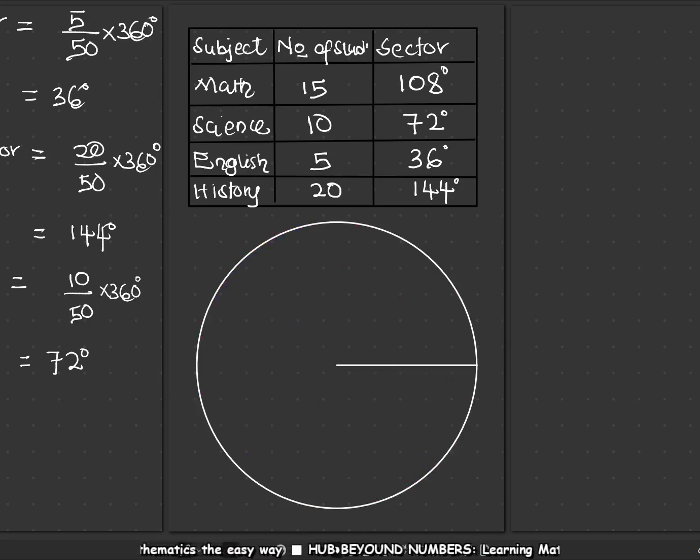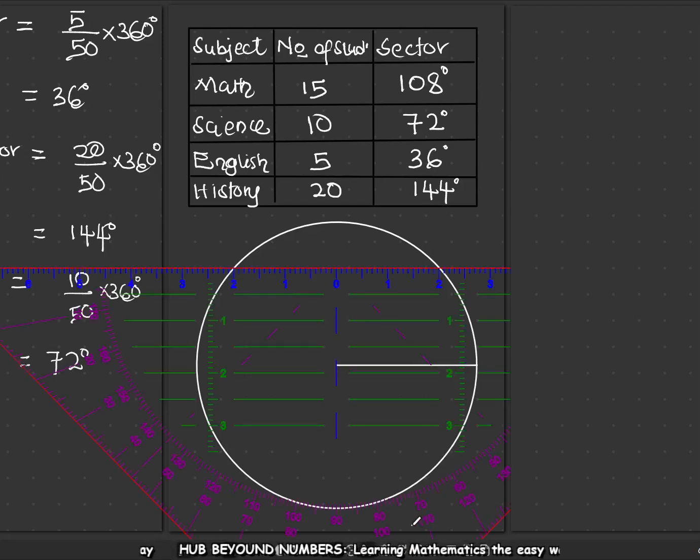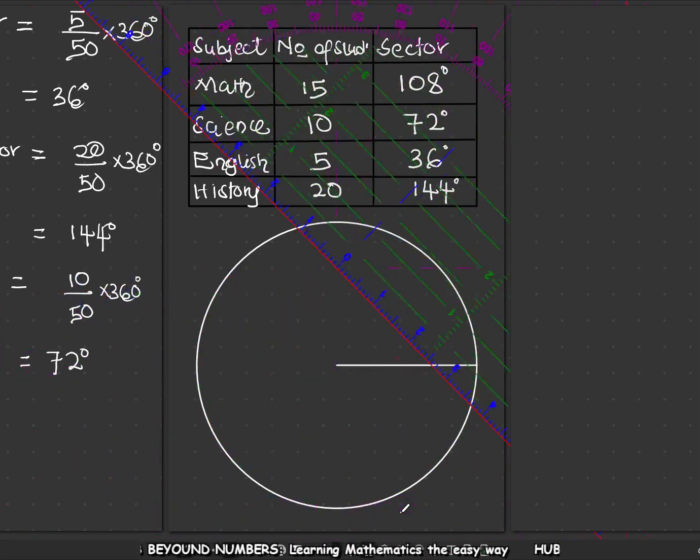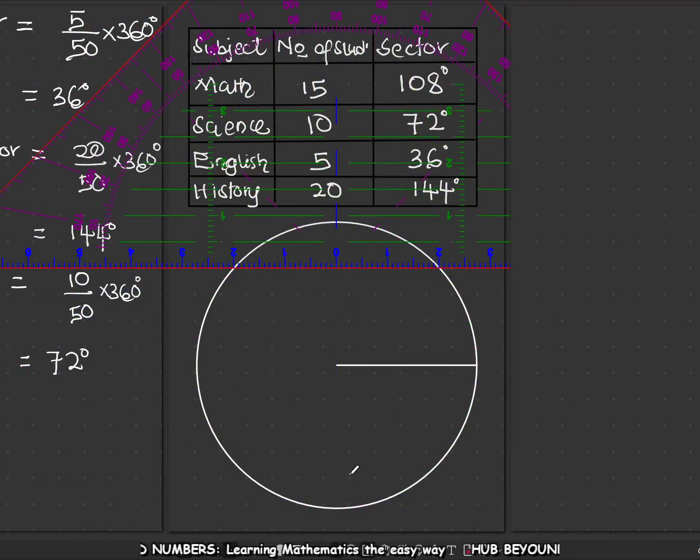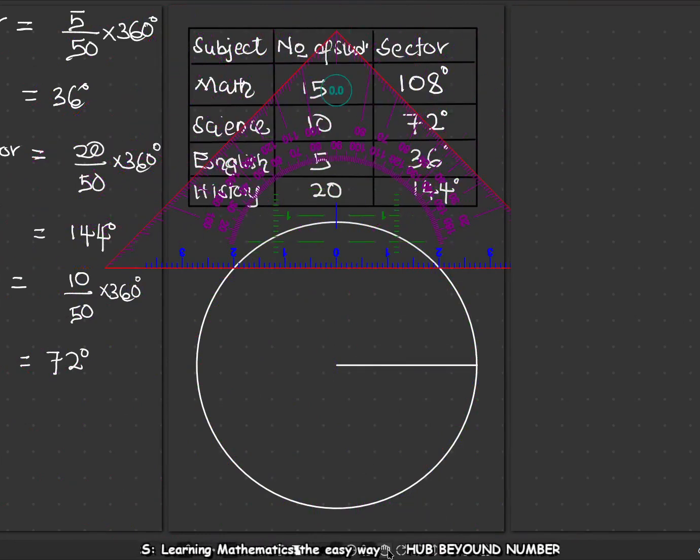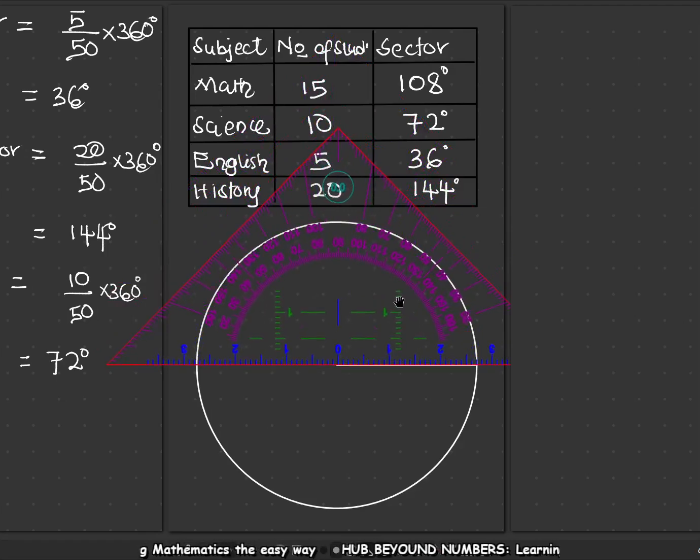Then we now start measuring our sectors. So I'll take my protractor, and with my protractor, I make sure I align it such that the 0 is at the center of my circle. And what angle do I need? I need 108.